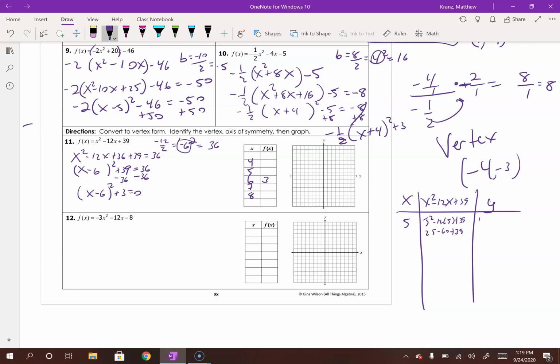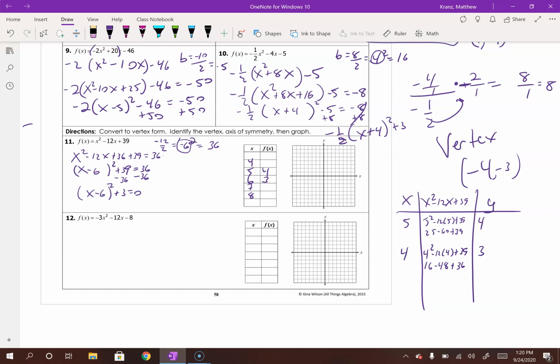Well, that's going to be 4. So 5, 4. When I put the 4 in, this gives me 4 squared minus 12 times 4 plus 39. Well, 16 minus 48, so that's a negative 36, plus 39, well, that's going to get me a 3.